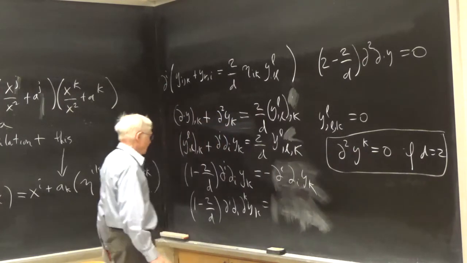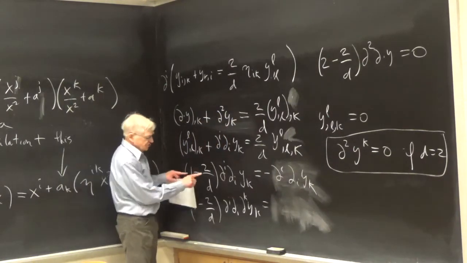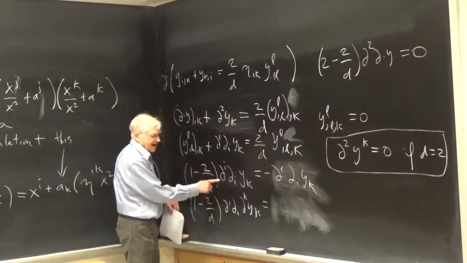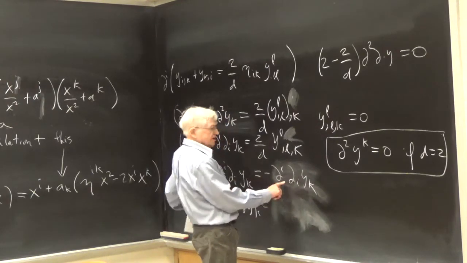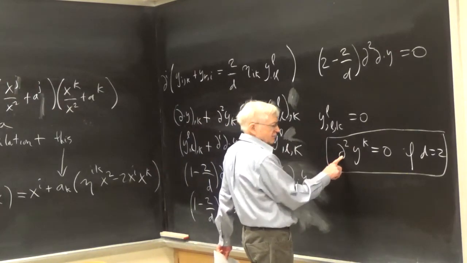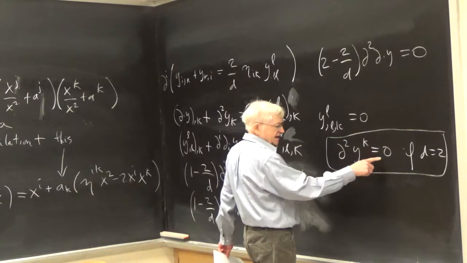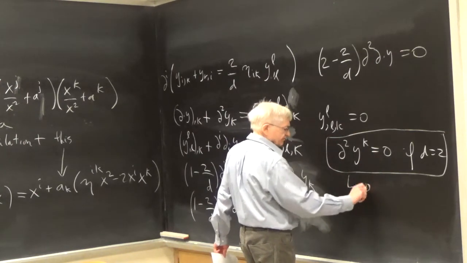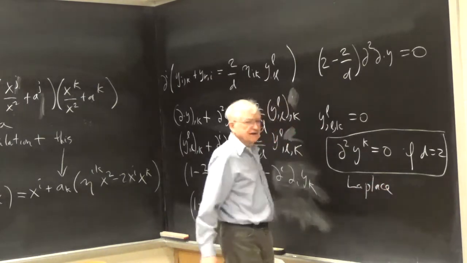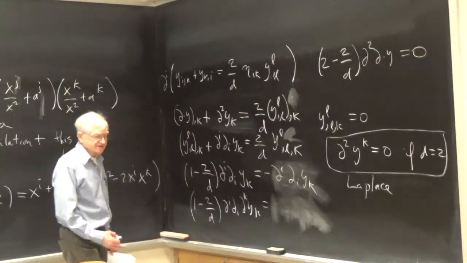And so if d is equal to 2, this term vanishes, and this equation is just box y_k equals 0, and so this is just Laplace's equation in whatever the flat space is.